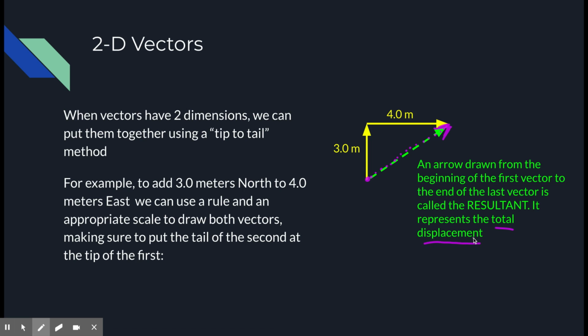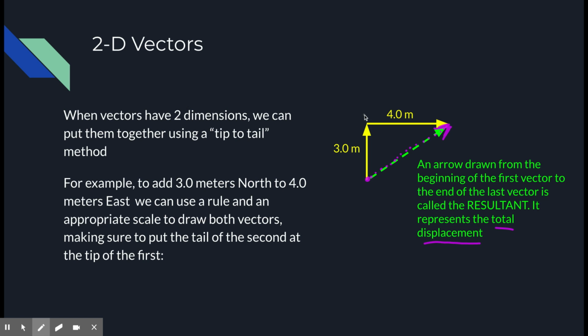You do not have to, at this point, use Pythagorean's theorem to calculate it. We don't do it in Science 10. It is a concept covered later on, but understanding how that vector is drawn is a key piece we cover in Science 10. So tip to tail: start, draw the arrow with slight magnitude comparison in the direction it's going.